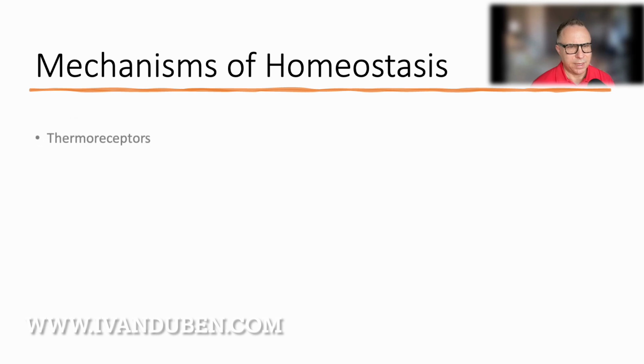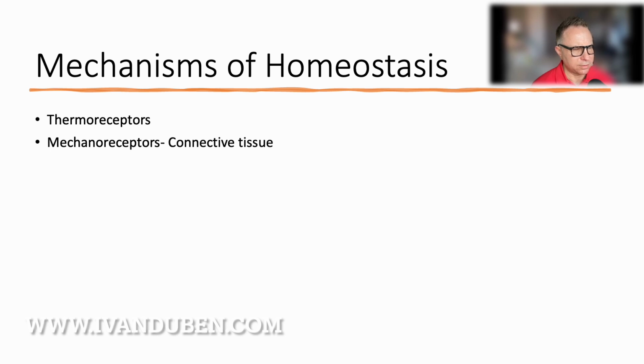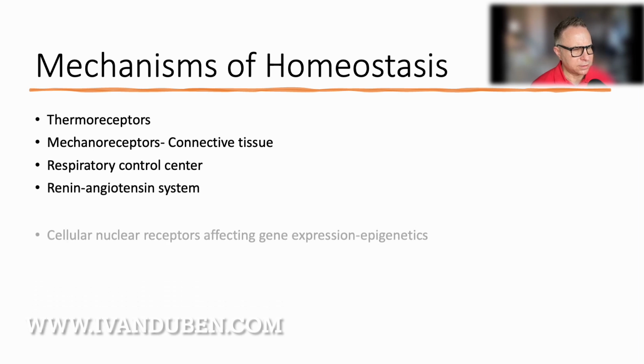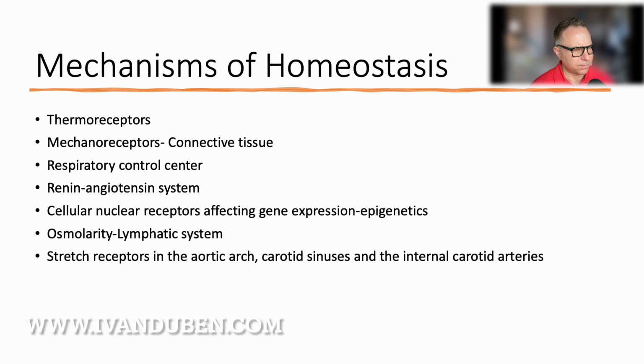Mechanisms involved in management of homeostasis include thermoreceptors, mechanoreceptors within connective tissue and muscles, respiratory control center, renin-angiotensin system, cellular nuclear receptors affecting gene expression, otherwise known as epigenetics, osmolarity, lymphatic system, which is meaning the pressure of the lymphatics, stretch receptors in the aortic arch, carotid sinuses, and the internal carotid arteries, and neurotransmitters in the central nervous system.